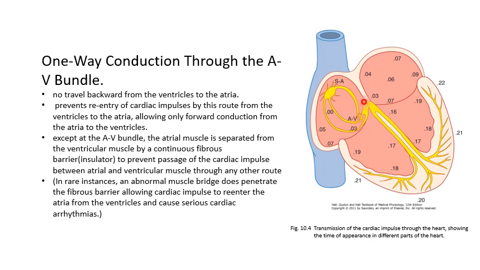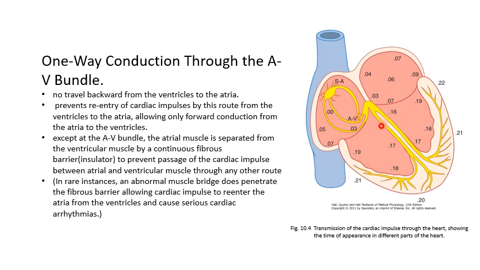So except for this route, there is no electrical connection between the atrium and ventricle. So that's why the ventricle cannot transmit the same signal back to the atrium. And we know that the AV bundle does not allow backward movement. So that's why there will be no re-entry of the signal back to the atrium.